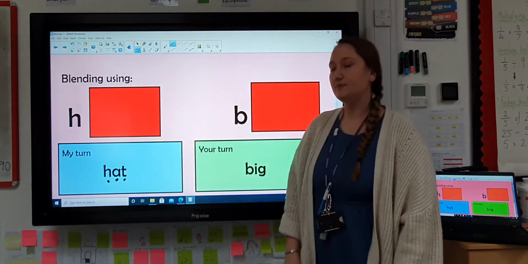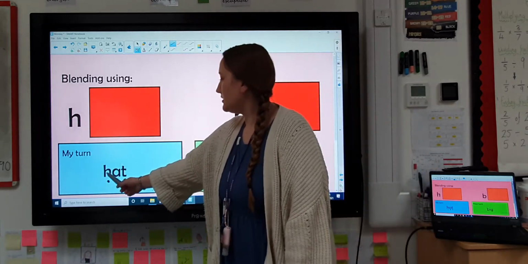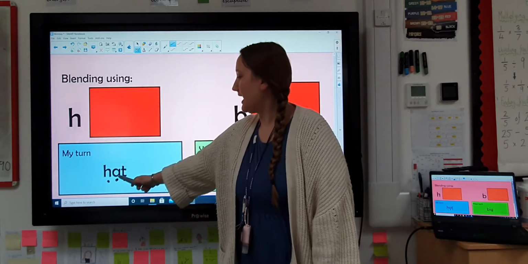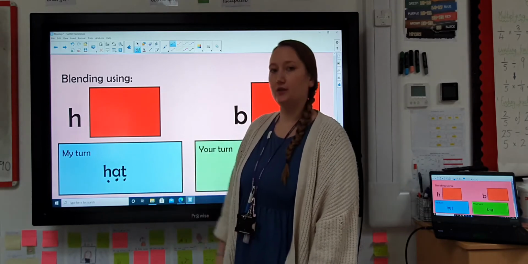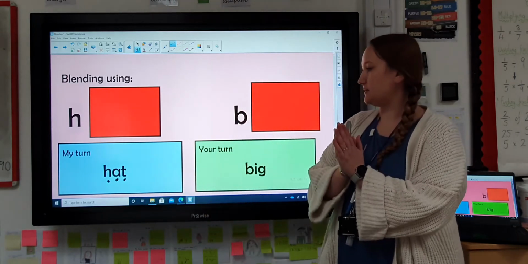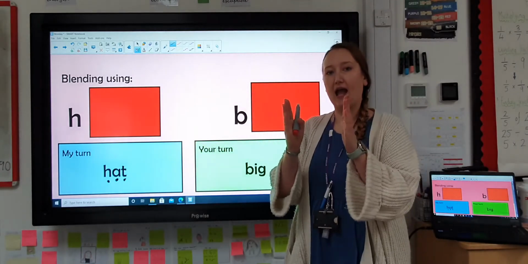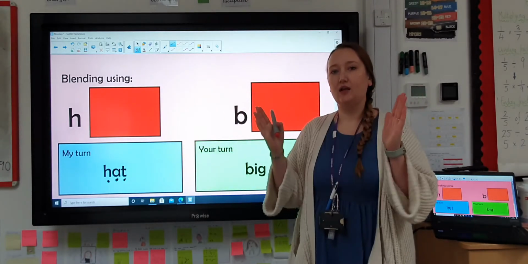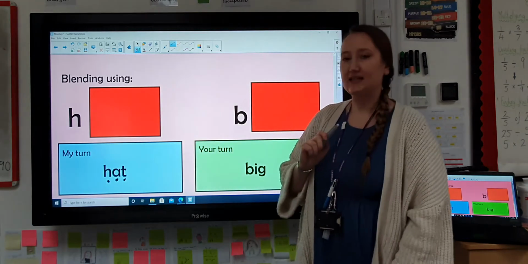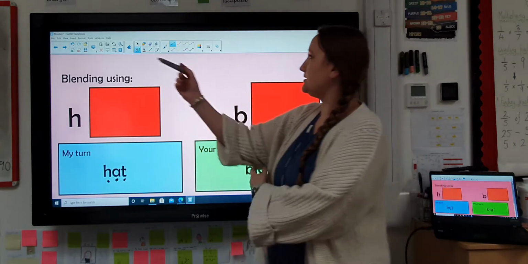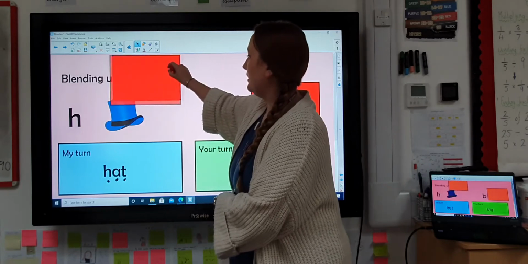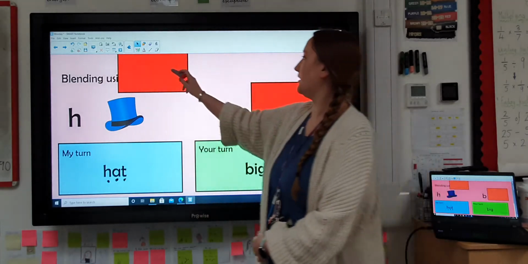Got my 3 phonemes. And I have got H and A and T. So I'm going to blend them together to see what it says. H, A, T. What do you think? Shall we see if I'm right? Yes, it is a hat.